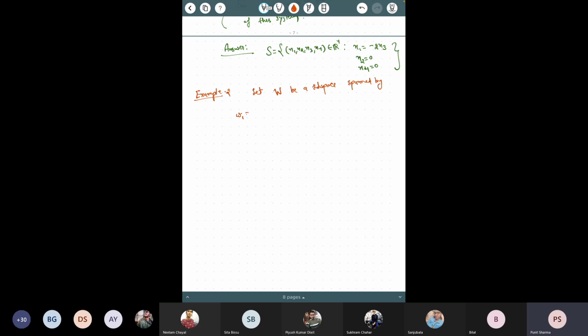W1 is given by 2, minus 2, 3, 4, minus 1. W2 is given as minus 1, 1, 2, 5, 2, and W3 is given as 0, 0, minus 1, minus 2, 3, and W4 is given as 1, minus 1, 2, 3, 0. So we are given a subspace W which is spanned by these vectors W1, W2, W3, and W4.